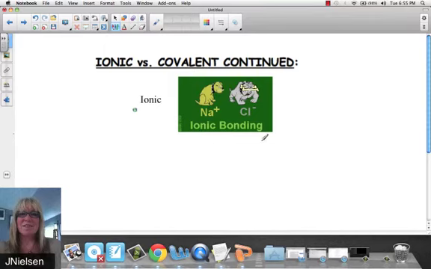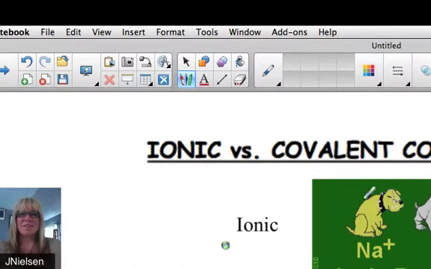And this is called the big dog theory, because basically the bigger dog, meaning the one with the higher electronegativity, is going to steal the little dog's bones or electrons. So you've got big dog versus little dog, and the big dog steals the bones based on its electronegativity, and it steals the bones from the little dog.